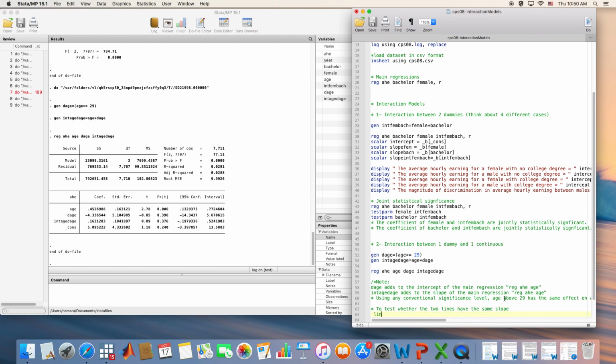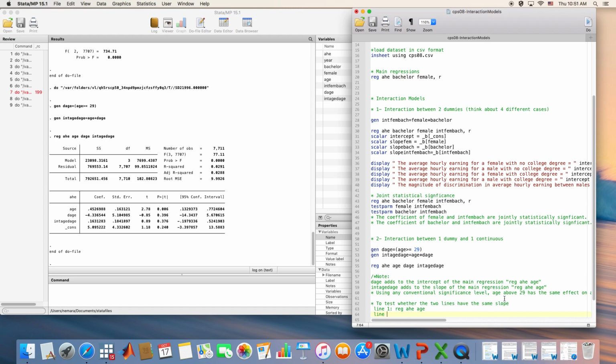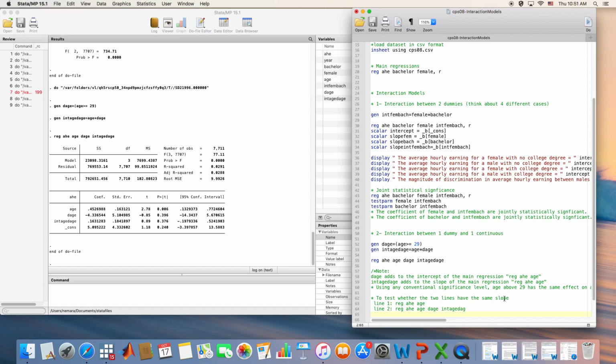Line 1 is the mean regression, which is the regression of average hourly earning on age, and line 2, which is regression 2, you can call it the regression of AHE on age, dh, and the interaction of age and dh. I'm asking you to test whether the two lines have the same slope, and the only addition to the slope is this part. This is age and this is age. What is the addition to the slope? I'm basically talking about the part that adds to the partial slope that is continuous, which is the interaction term.